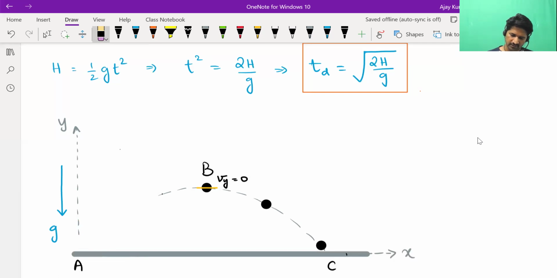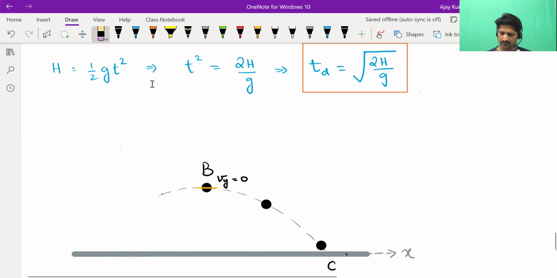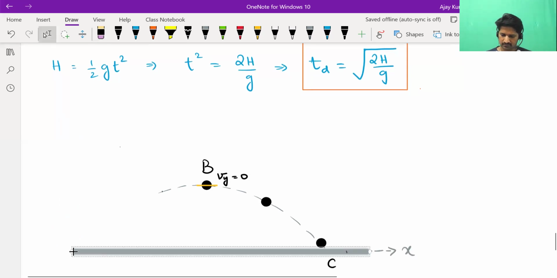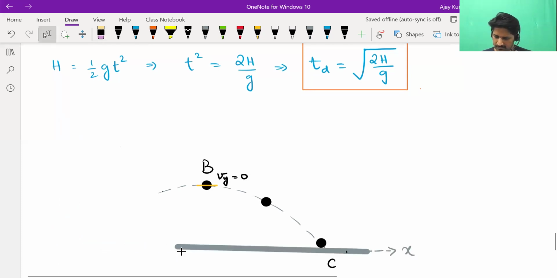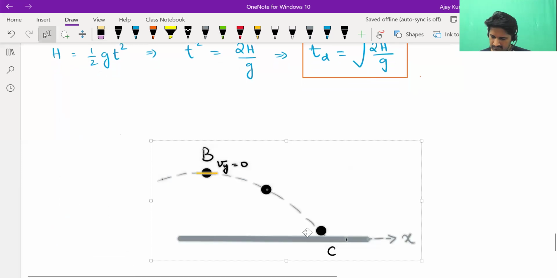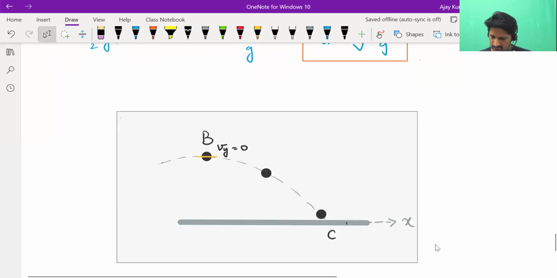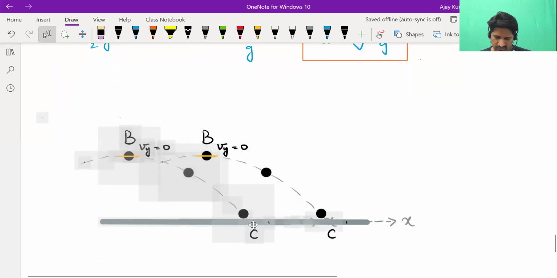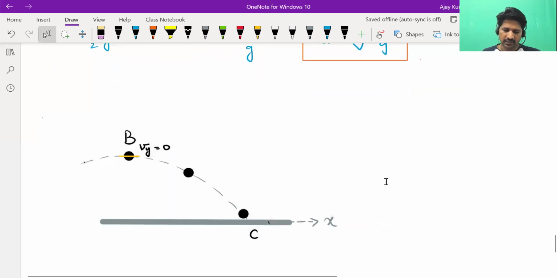Look at only the descent part. Descent is from B to C, right? So let's consider only descent. Now at B, the velocity in y direction is 0.